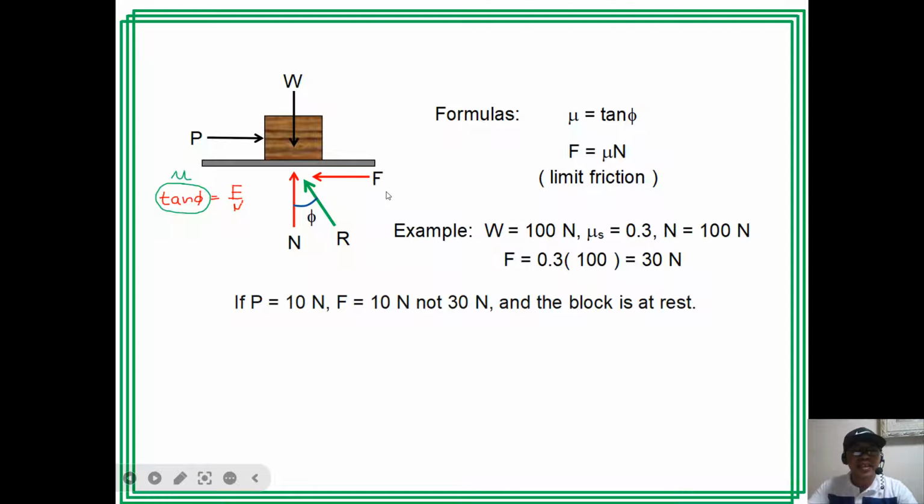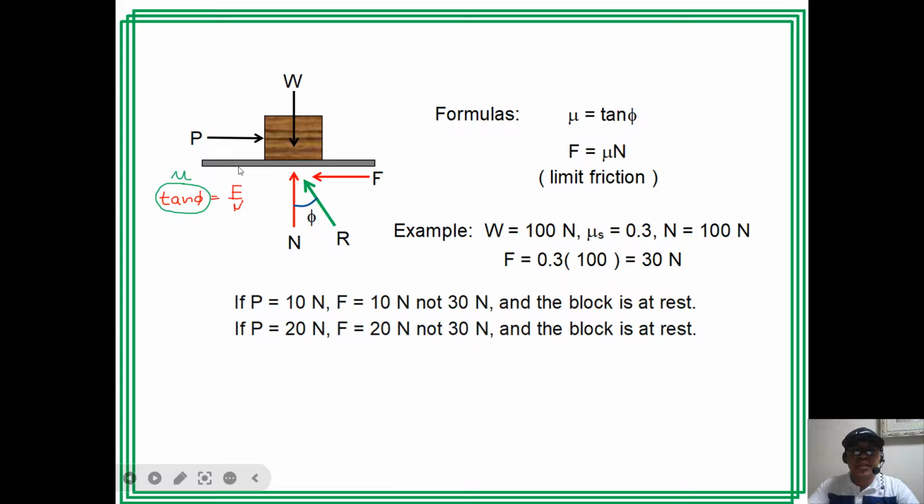Can you follow? So, the maximum value or the limit friction, which is 30, will not act fully in this example if our P is 10. So, F is only 10, not 30, and the block is still in equilibrium, at rest, not moving. How about if P is 20?